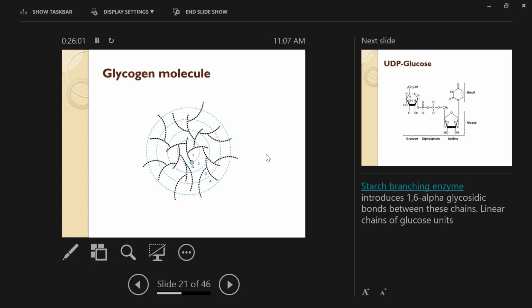So you can see glucose can form a glucose chain and also a branching glucose chain. You have a lot of branching. So it's very complex. The structure of glycogen consists of many glucose molecules linked together in a linear chain and also branching chains, right?